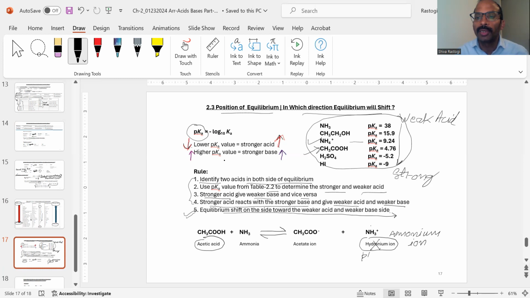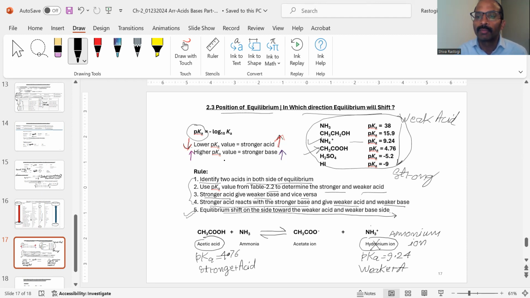It has the pKa value 9.24, and here the pKa value for acetic acid is 4.76. So acetic acid is the stronger acid, and the ammonium ion is the weaker acid.